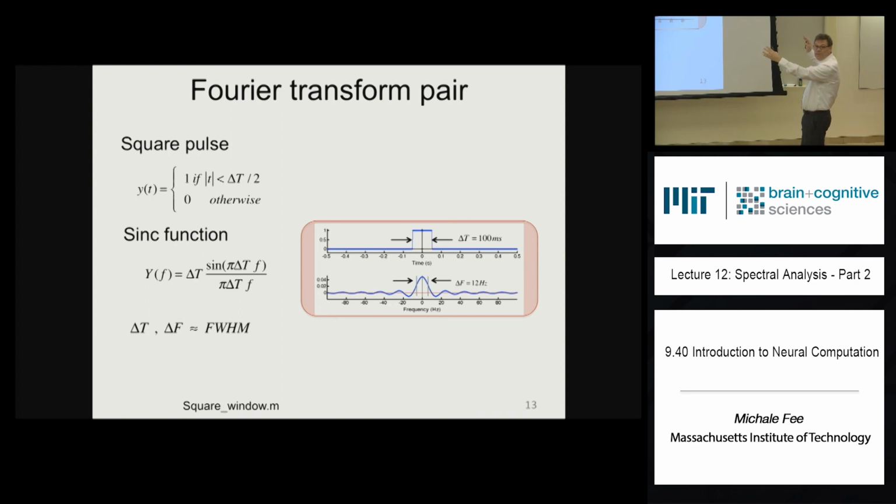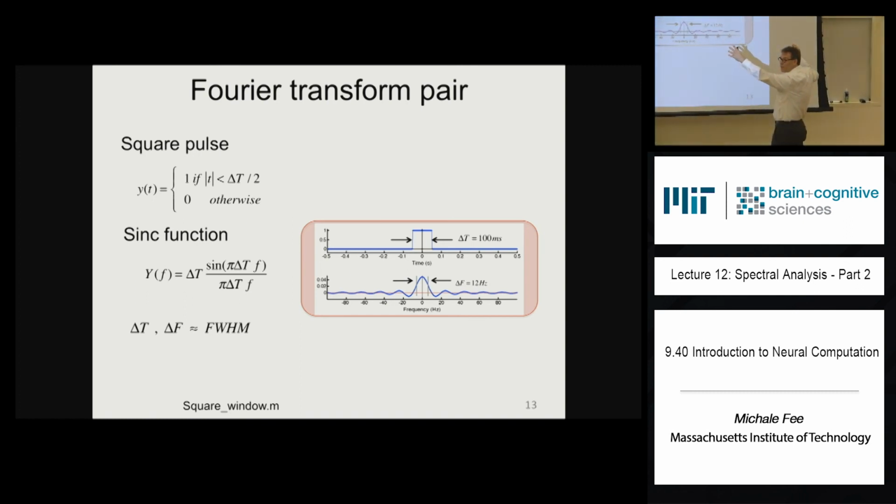What is it? Remember, if you take a function in time and you stretch it out, the Fourier transform just does what? It compresses, it shrinks. And if you take this pulse and you make it narrower in time, then the Fourier transform just stretches out.